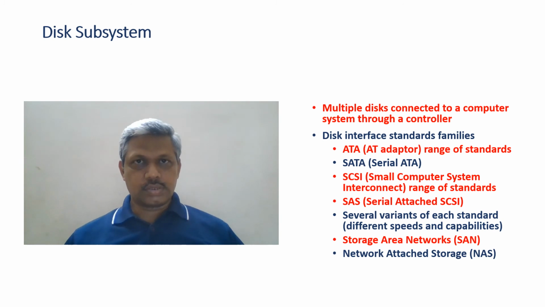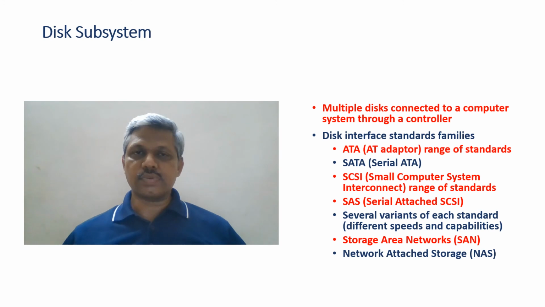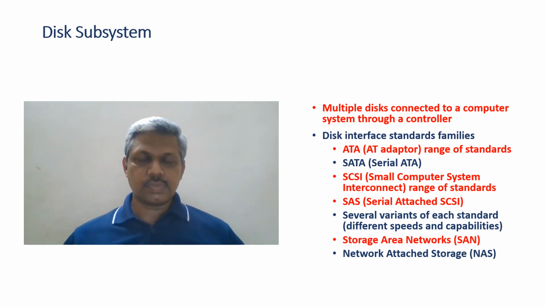Several interface standards are there, like ATA, SATA, SCSI, and SES. These are a variety of standards specified for data transfers and interconnections. Each has its own advantages and disadvantages, and its own speed levels. Usually they range from 300 Mbps to 512 Mbps.